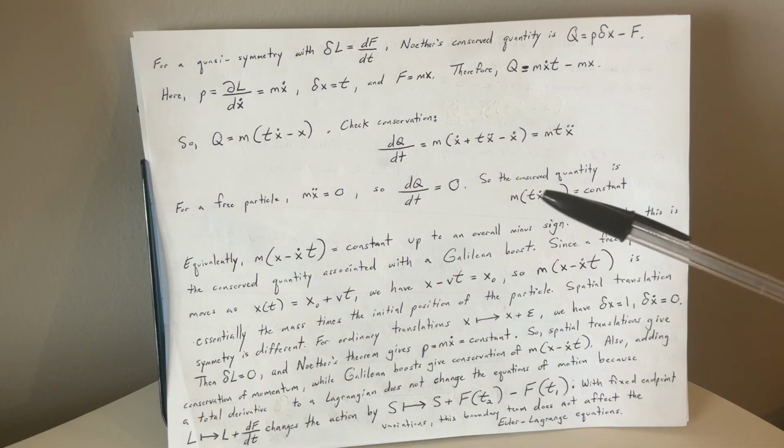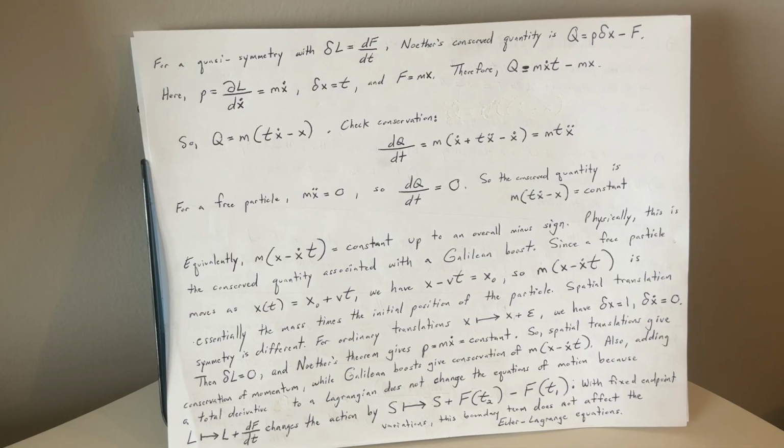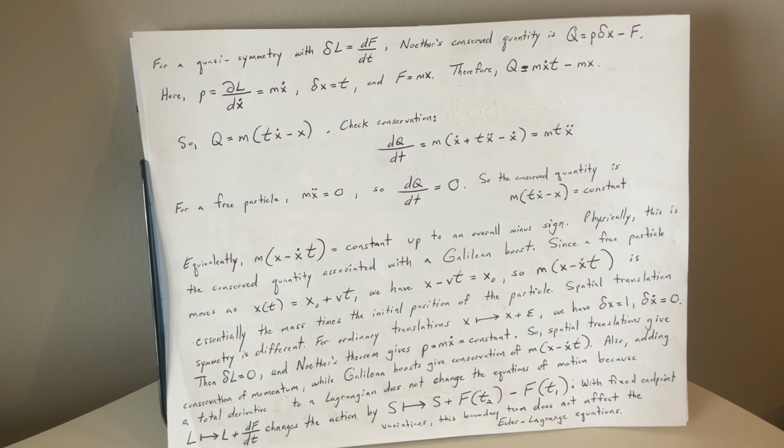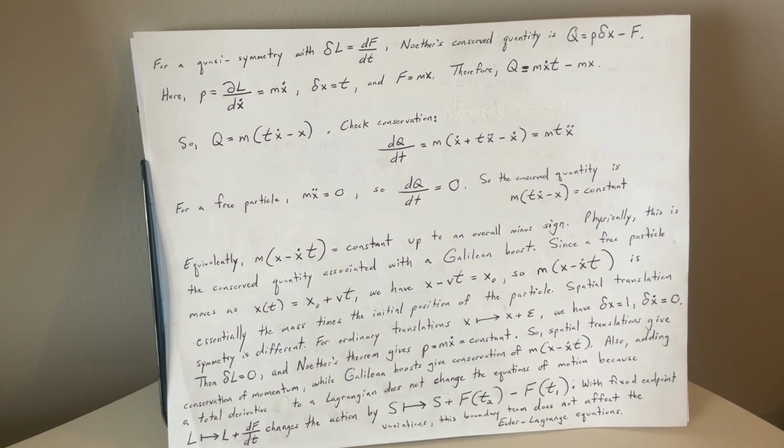So the conserved quantity m times the quantity t x dot minus x is equal to a constant. Equivalently, m times the quantity x minus x dot t equals constant, up to an overall minus sign.